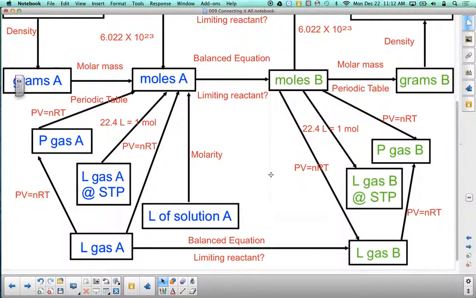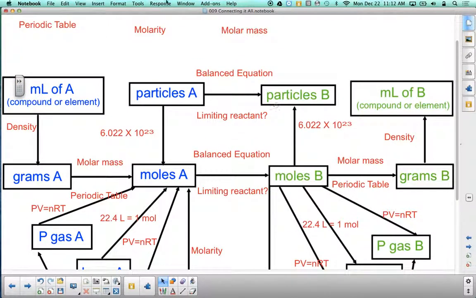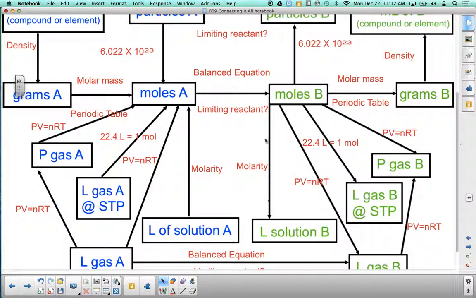And it's possible that in the end, we will want to know how many liters of solution B we have. So after you find your moles of B, you can use your molarity of solution B to get back to liters of solution B.